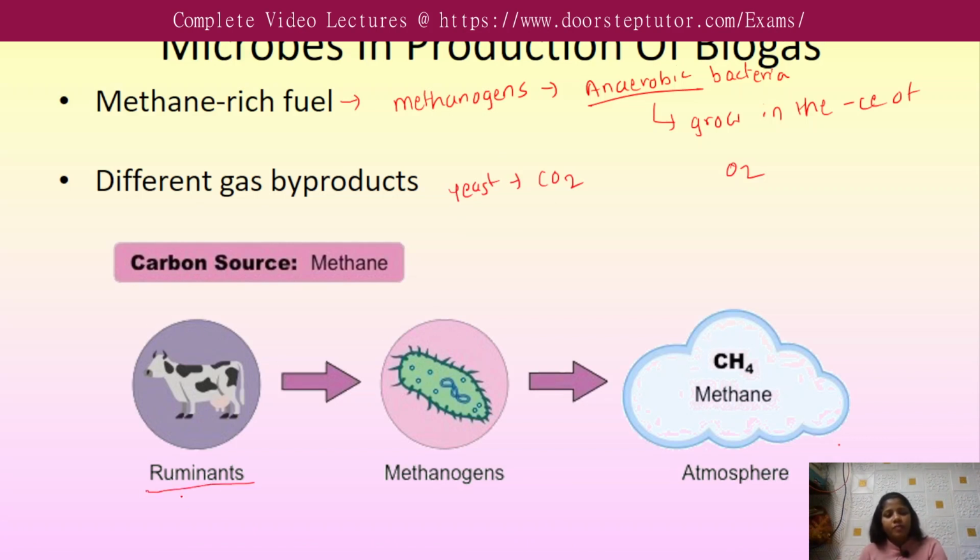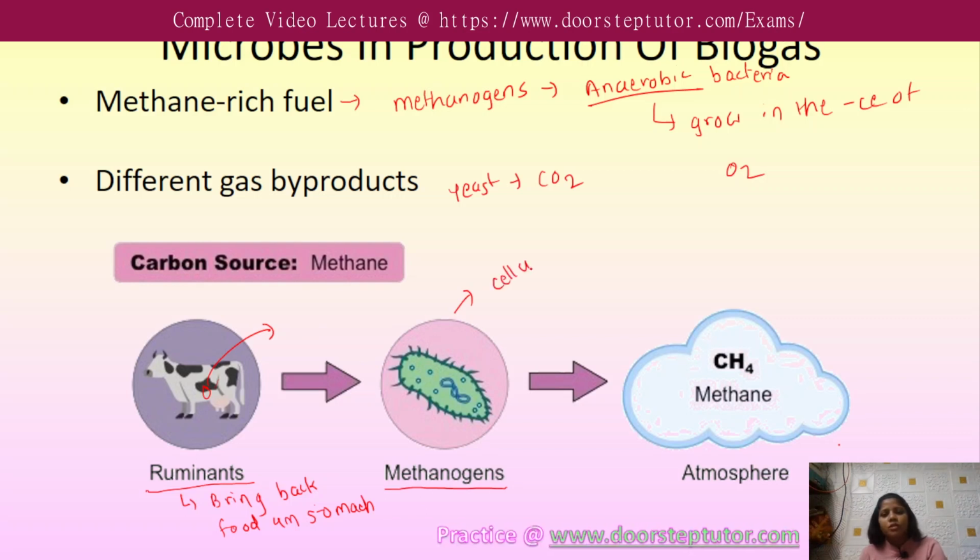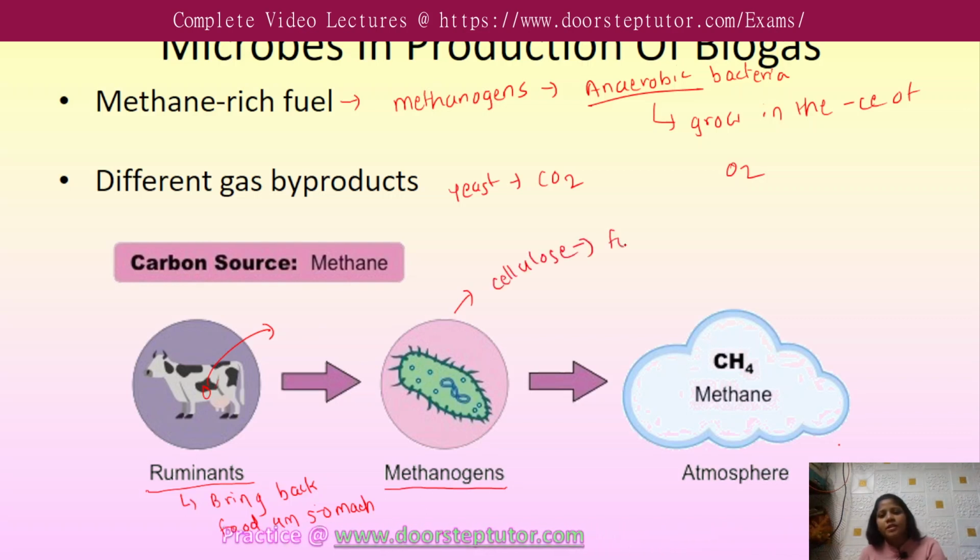Ruminants are the animals which bring back food from the stomach and chew it again. So in their stomach there is a bacteria living, which is nothing but the methanogens. These methanogens break down the cellulose present there and produce methane gas, abbreviated as CH4.